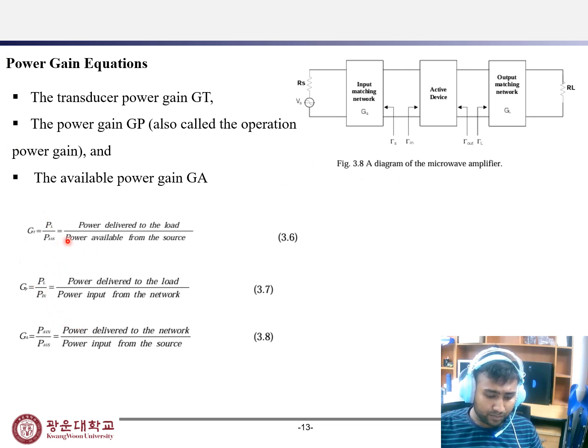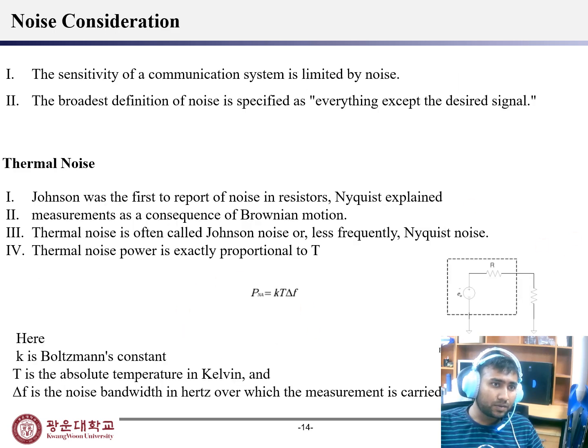Here mainly several power gains are expressed with equations: power delivered to the load over power available from the source, power delivered to the load over power input from the network, and power delivered to the network over power input from the source, based on different terms expressed here and the parameters of active devices.